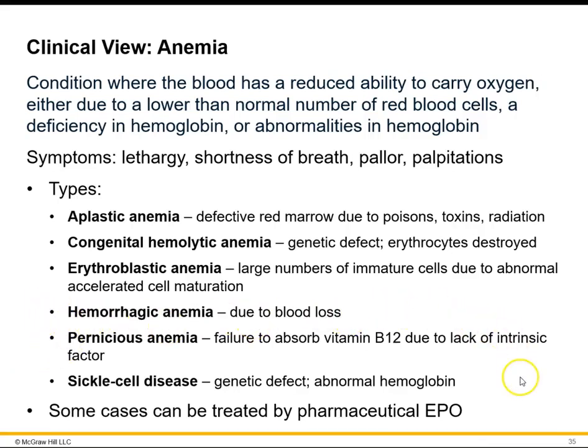If you have anemia due to, say, kidney disease, and so your kidneys can't produce EPO, the treatment there might be pharmaceutical EPO. Okay, so treatment is varied, and it really just depends on the underlying mechanism behind the anemic state.